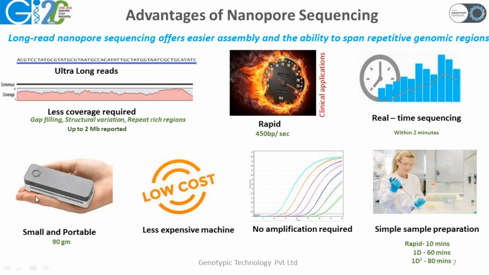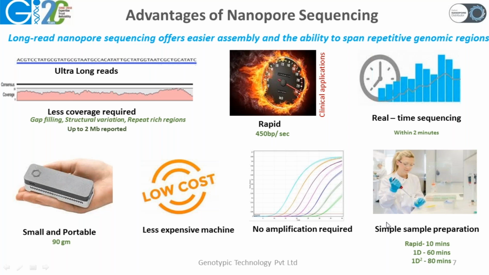As I told you, it's very small and portable. The device called MinION is a very small and portable device, and it is very low cost. One more important feature of this technology is that the normal workflows don't need any amplification. As a result, you don't get into PCR biases or PCR-introduced errors, and the sample preparation steps are very simple.